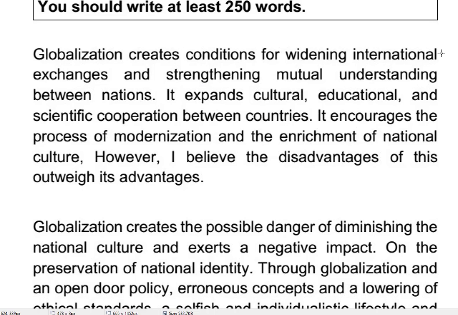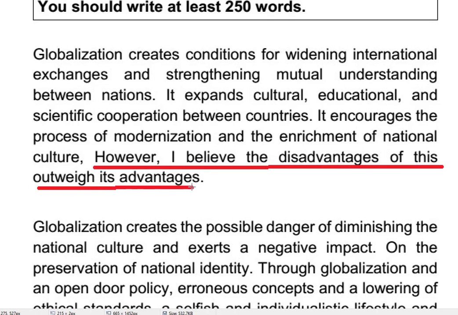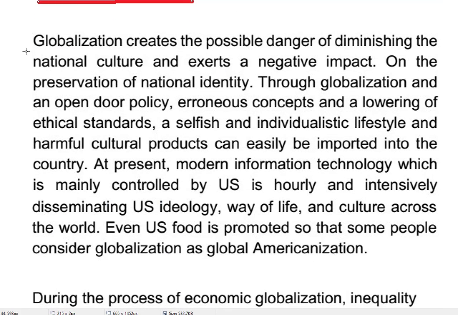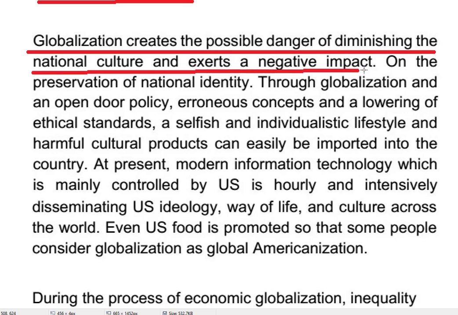Okay, so advantages are mentioned, and here is an opinion. Seems to be the first negative impact. Diminishing national culture. Okay.